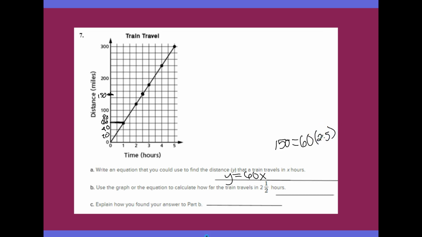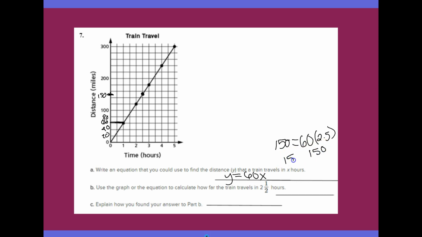Okay, so I know that 60 times 2.5 is going to equal, if you type that into your calculator, 150.